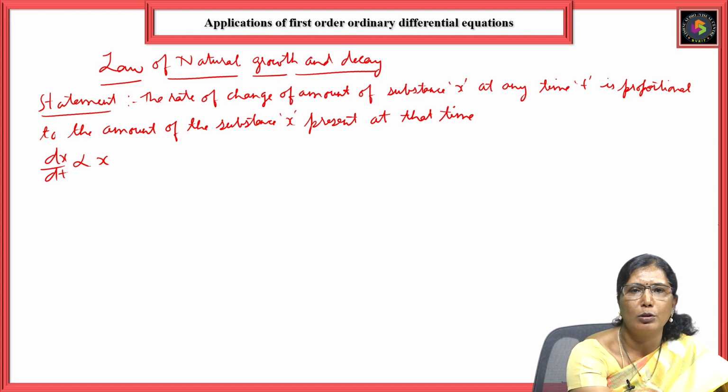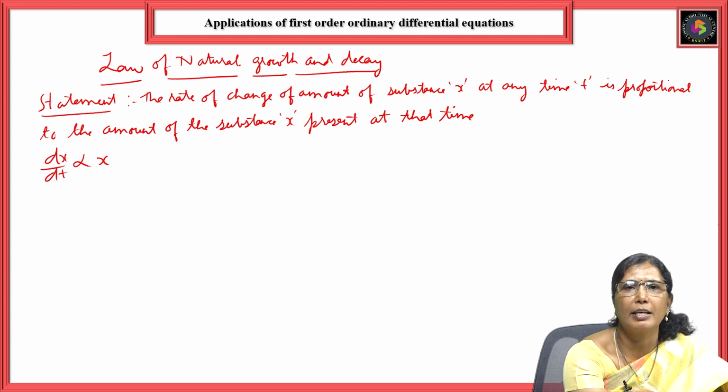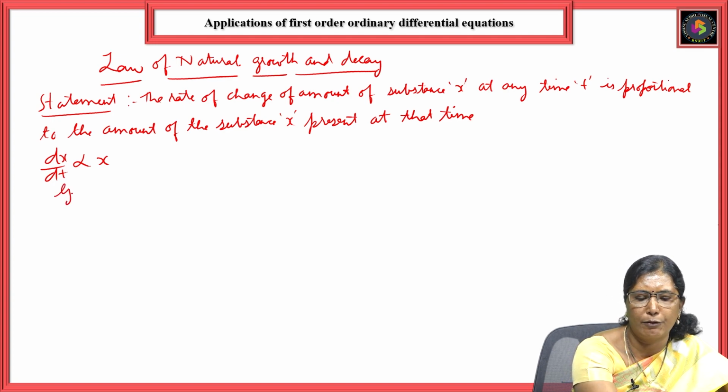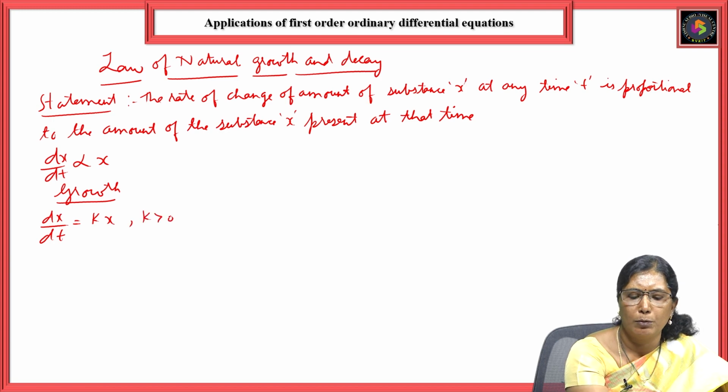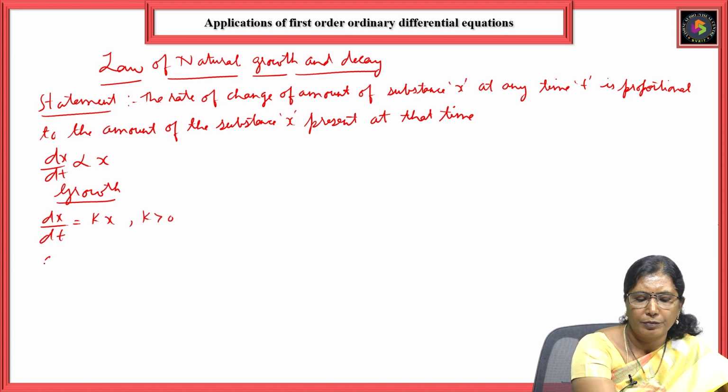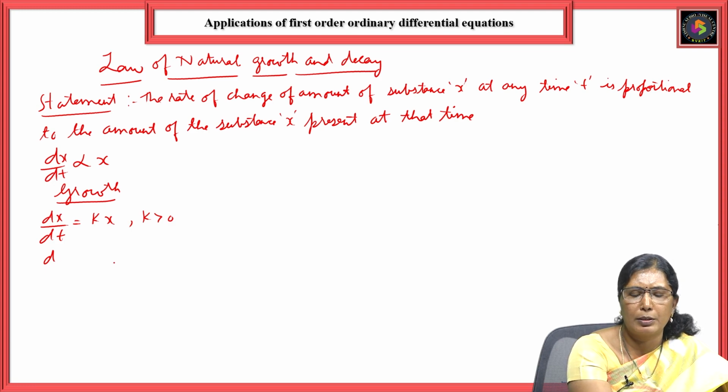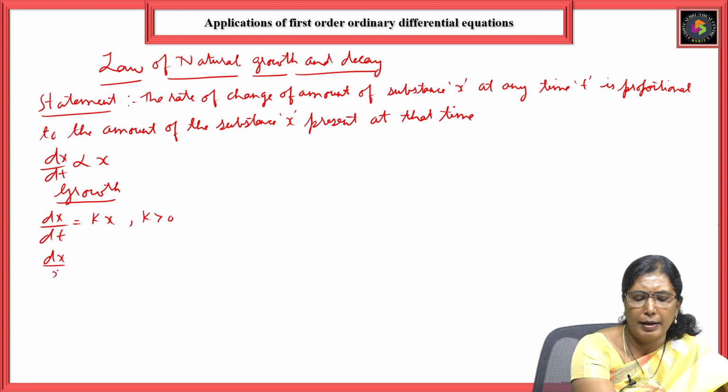Now growth we will take positive, and for decay we will take negative. So first I'll write for growth: dx by dt is equal to kx. K is here positive, and it is called the proportionality constant. So use variable separable here. Dx by x is equal to k dt.